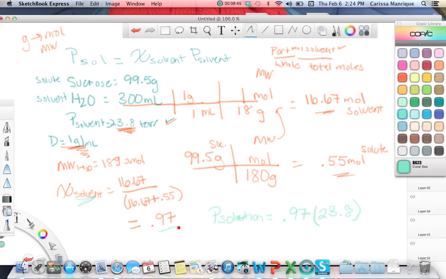So basically this says I don't have 100% water now. I only have 97% water. So what is my new vapor pressure, since it's not all water? That would be 23.1 torr.